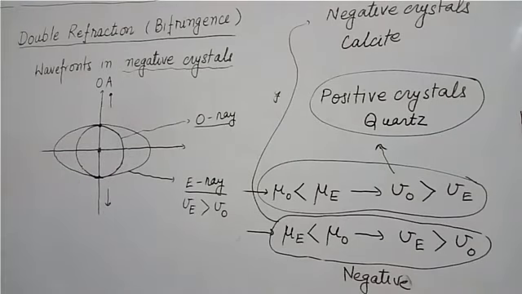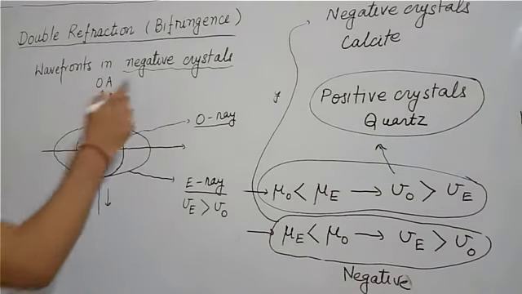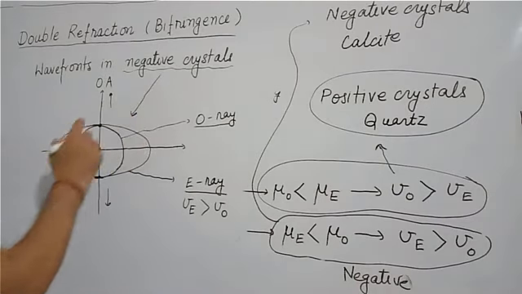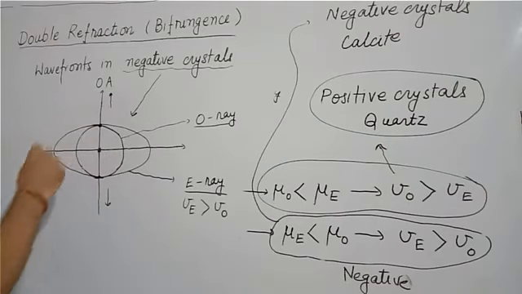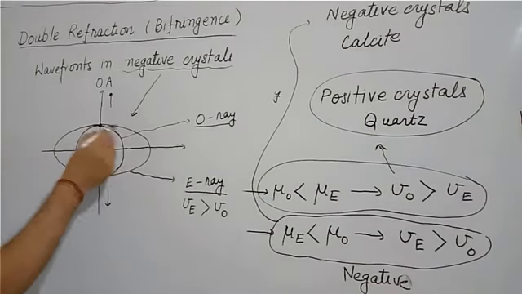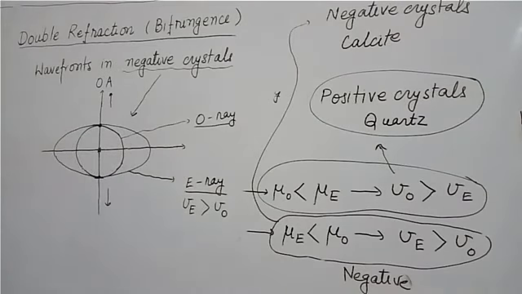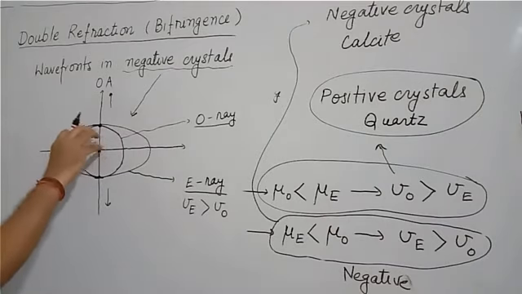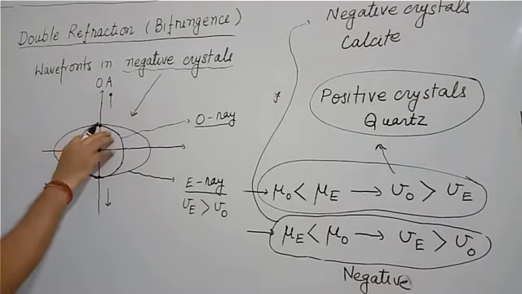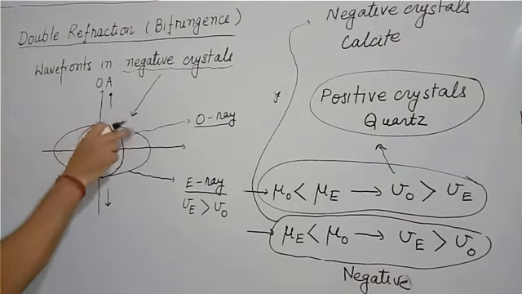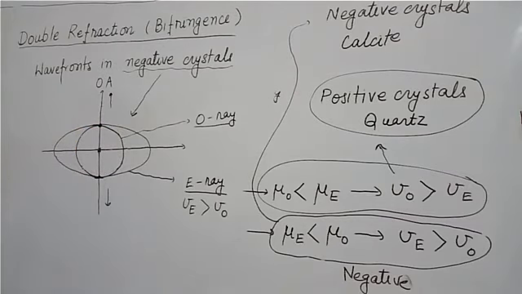And you have to remember that in negative crystal, this spherical wavefront always lies inside the ellipsoidal type of wavefront.